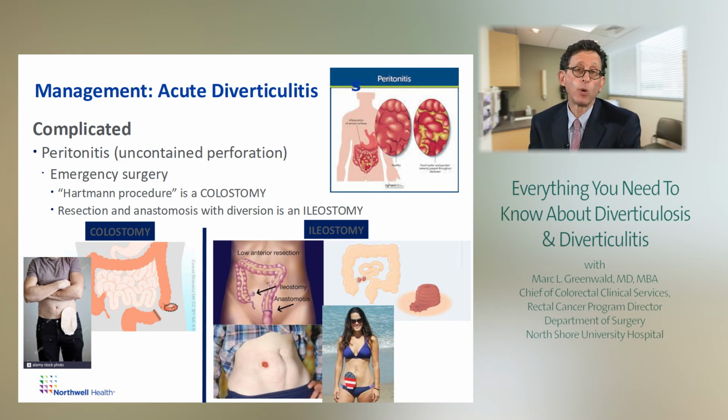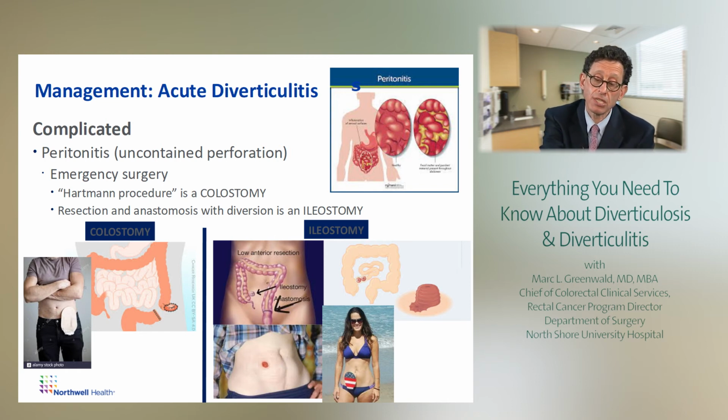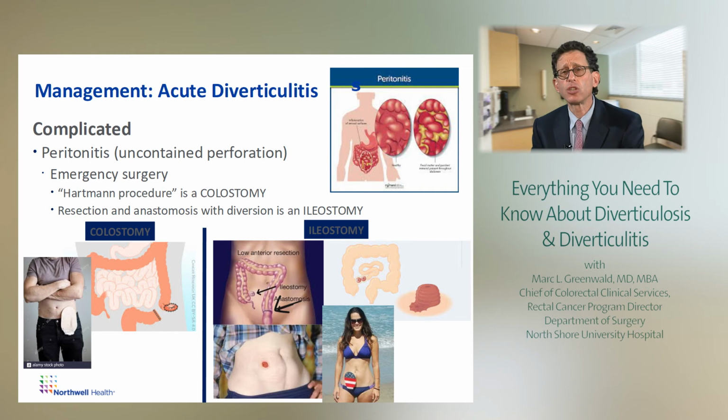Another option when someone presents with free perforation and peritonitis is actually to remove that piece of colon and put things back together again. You can see that here. But I mentioned earlier that there is a risk that it may not heal properly. So under that circumstance, we can upstream use the small intestine to give someone what's called an ileostomy.